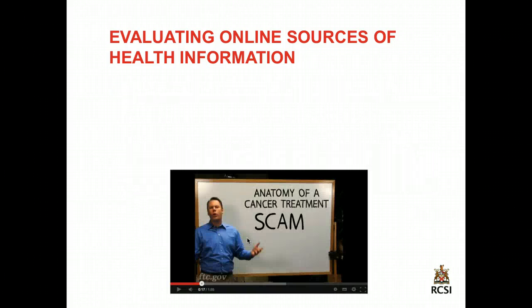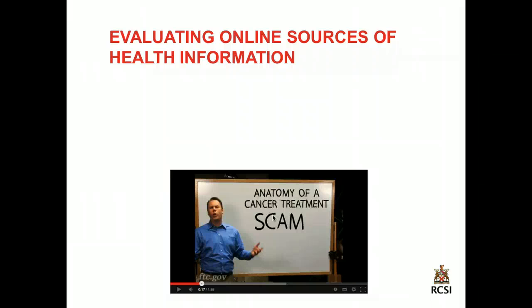And in that link, again, aimed at patients, so it is fairly straightforward. It's for a broad appeal. It dissects, if you like, the anatomy of a cancer scam. And it's in some ways a little shocking that people are prepared to try and take money off people who are vulnerable and sick.